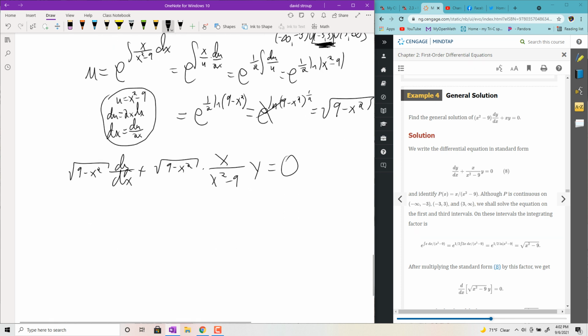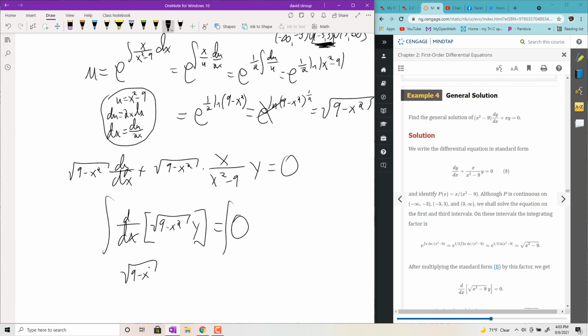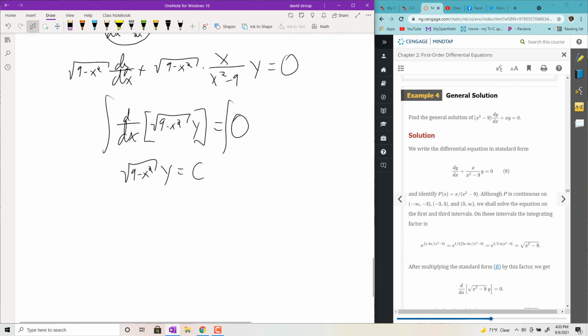Collapse that left-hand side, so that's the derivative with respect to x of mu, square root 9 minus x squared, times y. And on the right-hand side, I just have 0. Integrate both sides. You get the square root of 9 minus x squared times y equals a constant. And then finally, you could solve for y for your general solution, c over square root of 9 minus x squared.